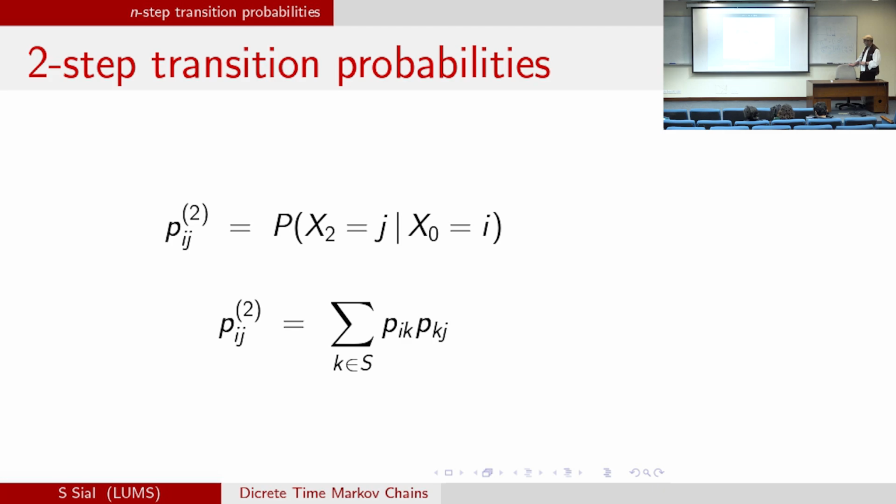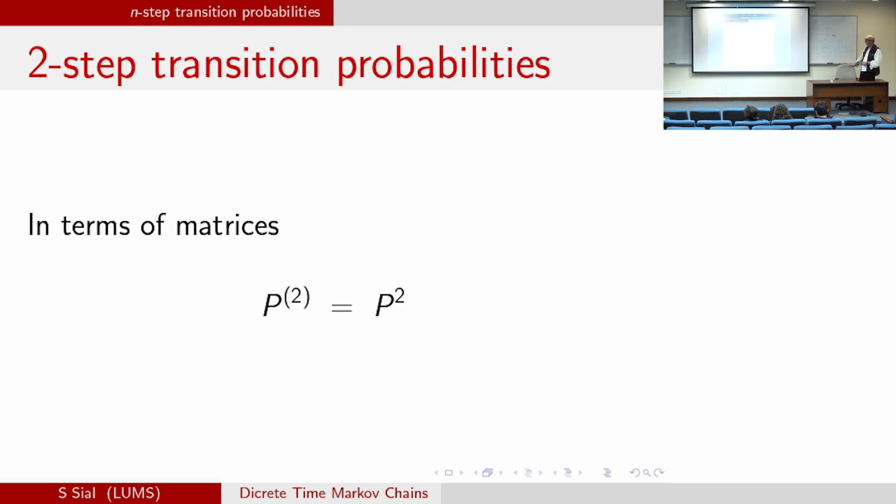Well, then you're just multiplying these one-step transition probabilities. And again, in terms of matrices, just P squared. So the ij entry in P squared is the probability that if you were in state i currently, you would transition to state j in 2 steps. Okay?